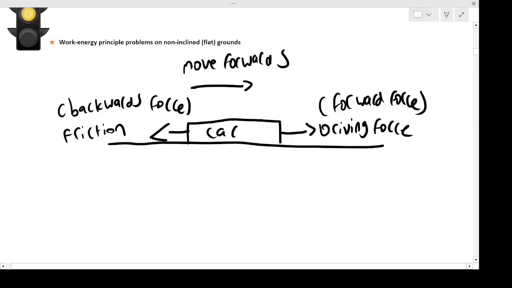Now, the car's obviously moving forwards. As I said, one force is trying to move it forward, one is trying to move it backwards. Again, they're both going to do work, to move it forwards and backwards. So then we can work out an overall work, which is the difference of these two.